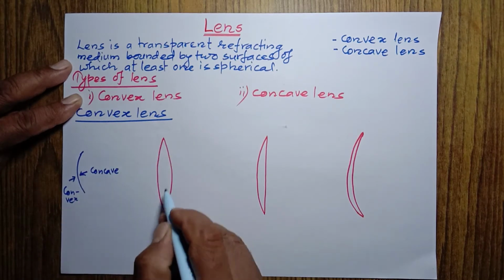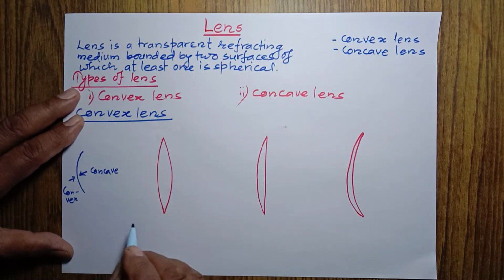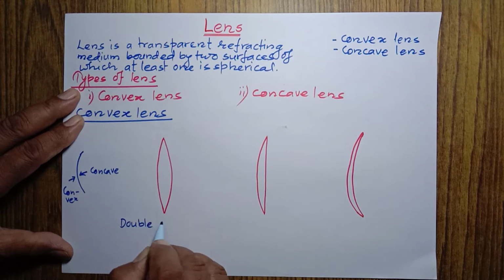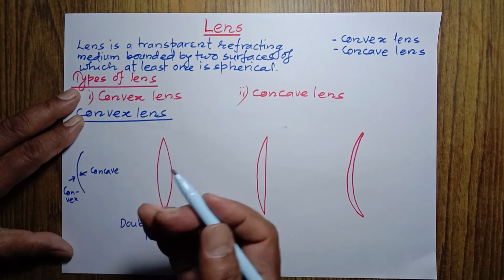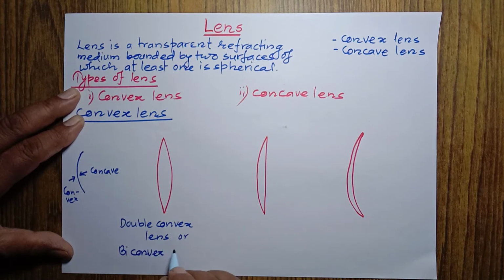And in this case, both the surfaces are convex. That's why it is called double convex lens. Or, both the sides are convex, that's why it is also called biconvex lens.